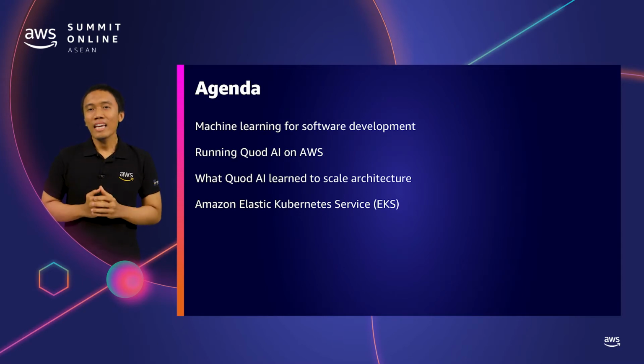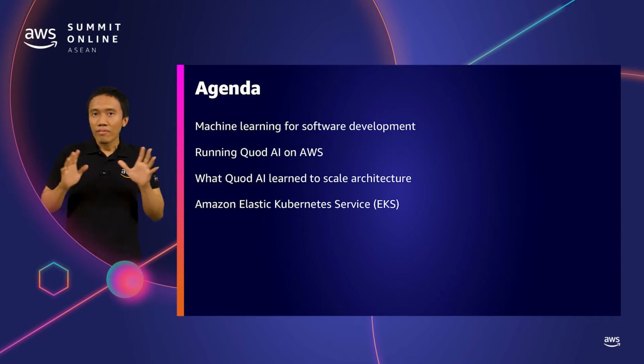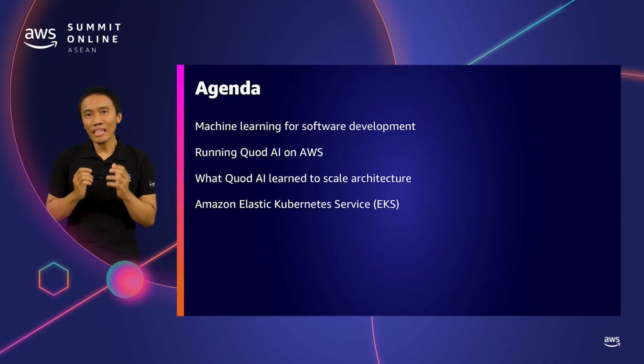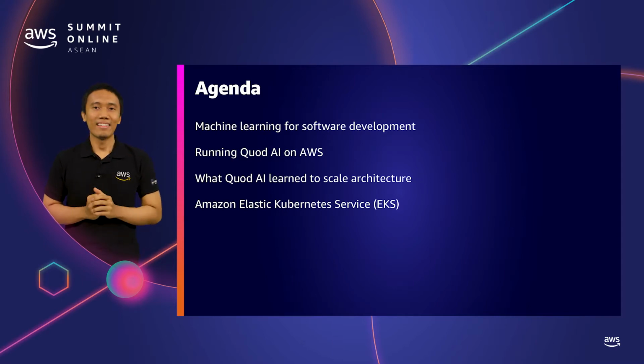We will also see how Quod.ai runs its machine learning infrastructure on AWS, especially in EKS. Then we will see Quod.ai's journey in scaling their architecture, followed by a demo. Finally, we will see the Kubernetes ecosystem that EKS integrates with and what offerings are there.